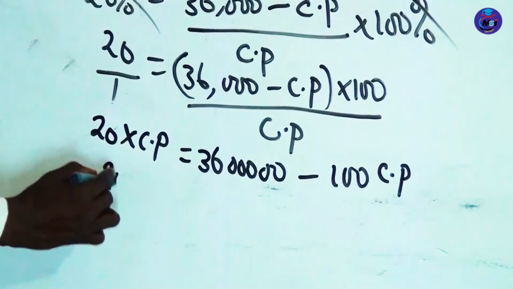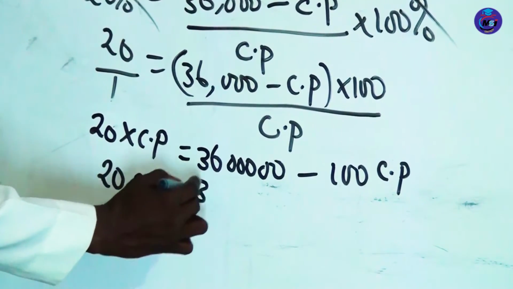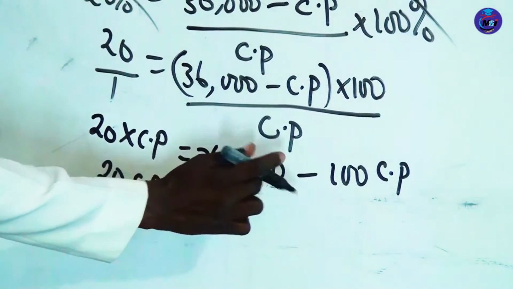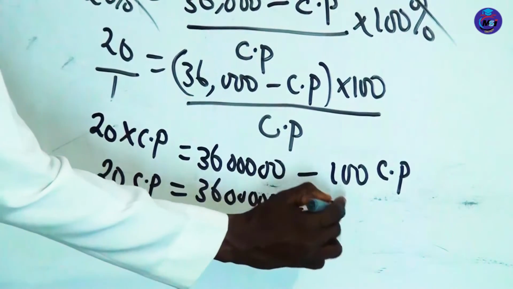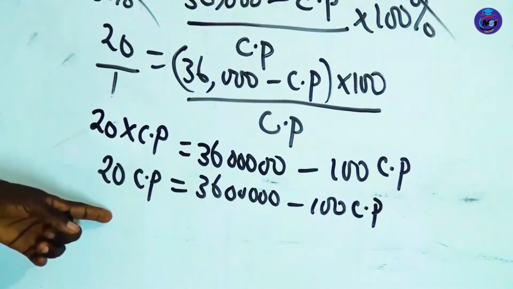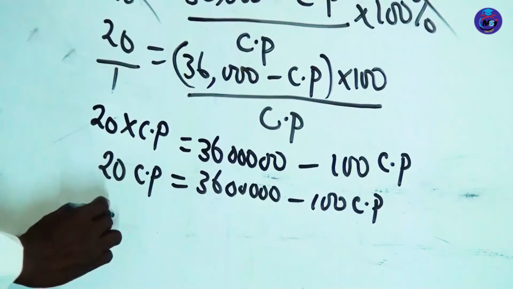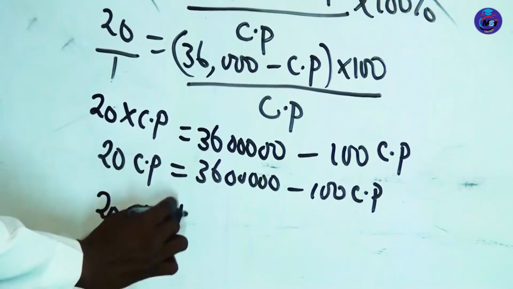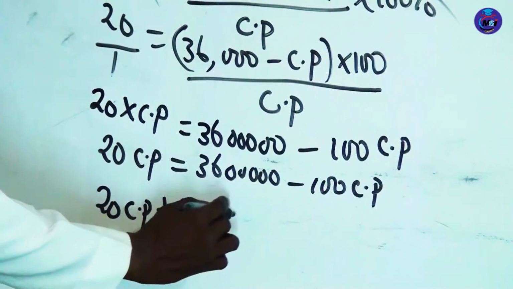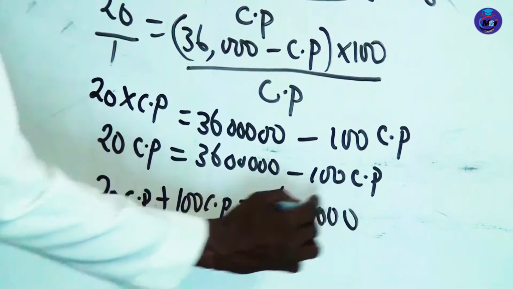This will give us 20 CP equals 3,600,000 minus 100 CP. So you have to collect the right thing. We have minus here. When it crosses to this side, it becomes plus. 20 CP plus 100 CP equals 3,600,000.